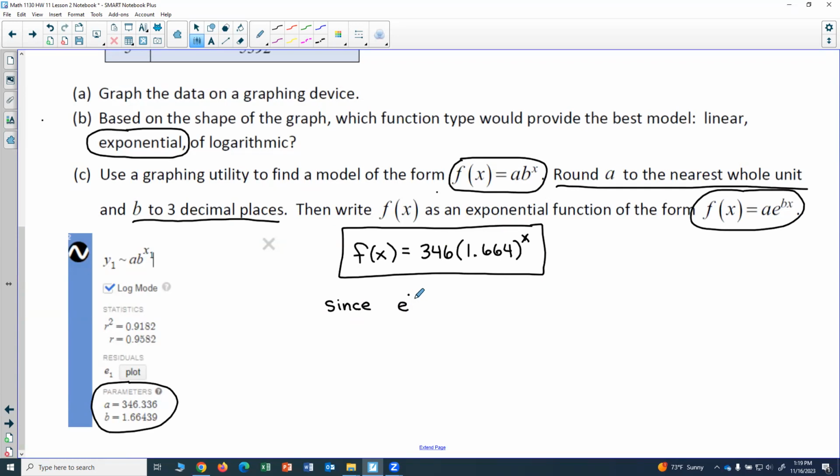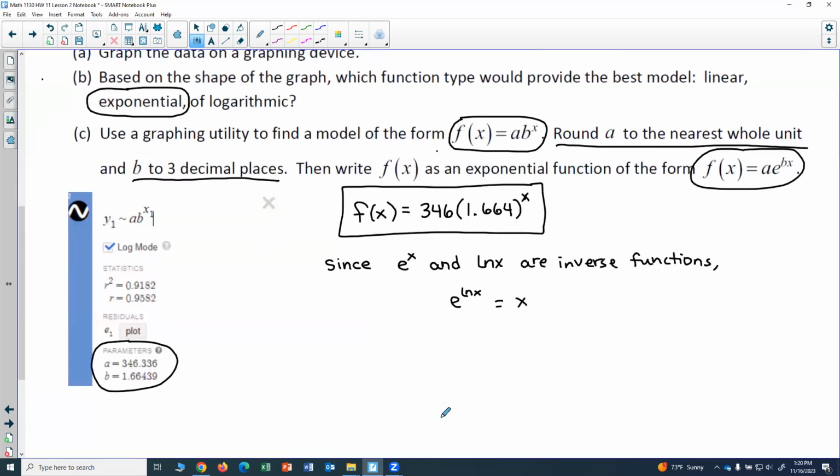Since e to the x and natural log of x are inverses, or inverse functions, if we compose them, like e to the natural log of x, I'm plugging in natural log of x as the exponent, that's going to equal x, because when you compose two inverse functions, you just get the input, x.